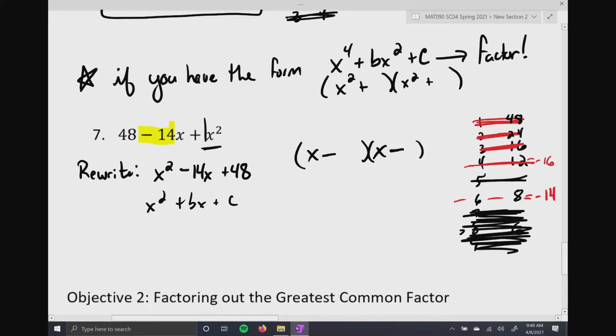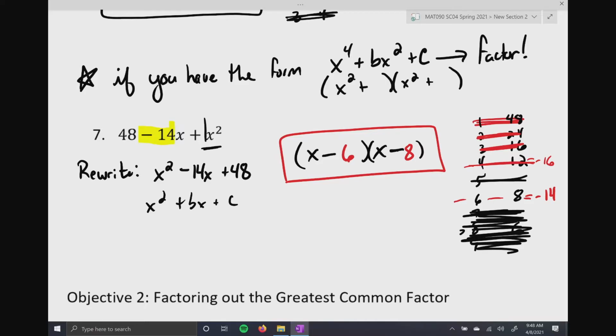Well, there's my negative 14. So, negative 6 and negative 8. And there's my answer. So the only hard part here, you have to rewrite the problem first. You always, always, always want it in that form, where the squared term comes first, then the x term, then the constant.